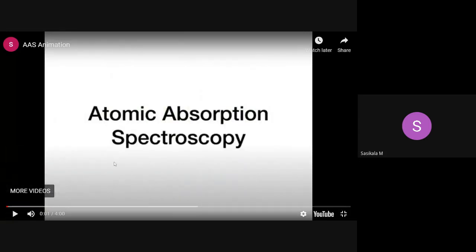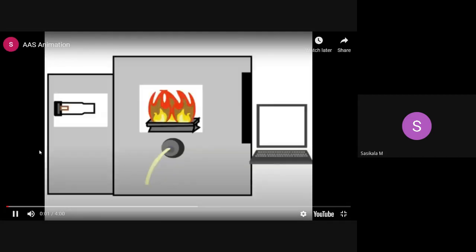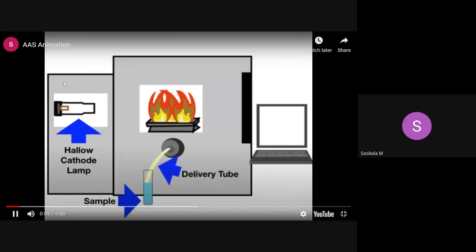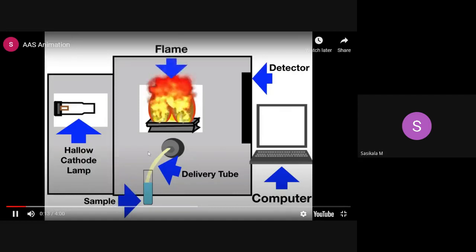In atomic absorption spectroscopy, what actual process takes place is shown in this animation. See, it is the source, it is the flame, this is the sample. The source is called the hollow cathode lamp. In atomic absorption spectroscopy, the source of light is the hollow cathode lamp. Then the sample is taken and delivered to the flame.